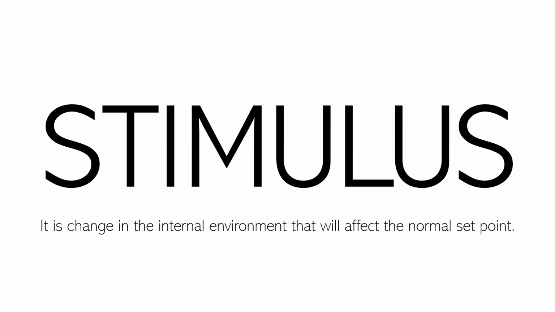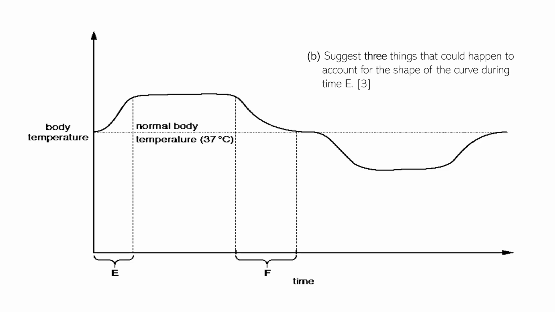Stimulus. It is a change in the internal environment that will affect the normal set point. Here, the condition increases the normal body temperature above 37 degrees Celsius. The temperature increased above the normal body temperature in time E.